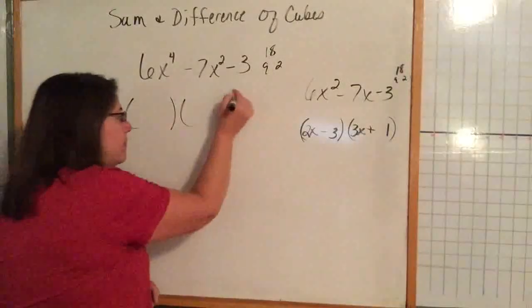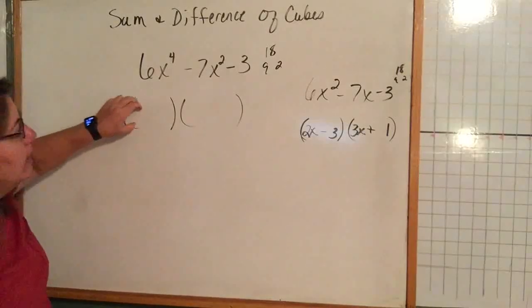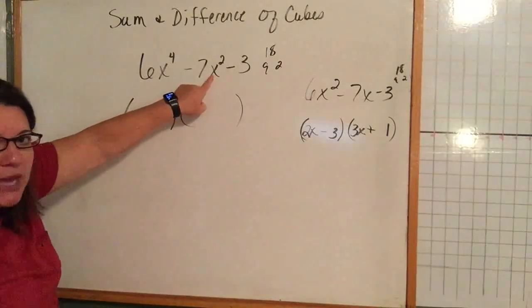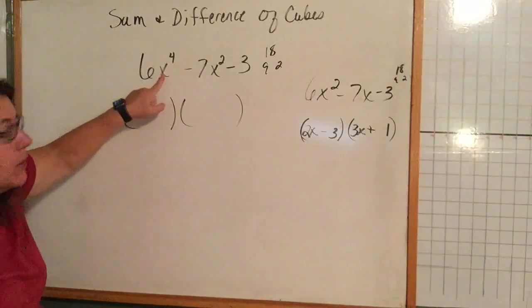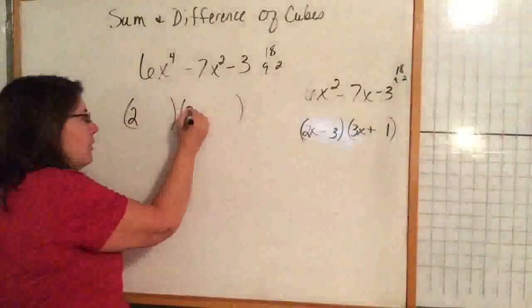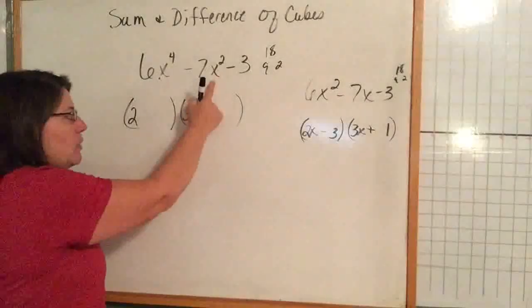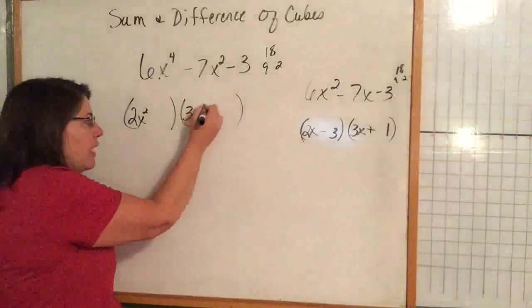But this time, when I put my variable here, I know my variable part has to be x squared because that's what the square root of x to the fourth is, okay? So I know I'm going to need 2 and 3, but what variable do I need? Well, it has to match that middle term, x squared and x squared.